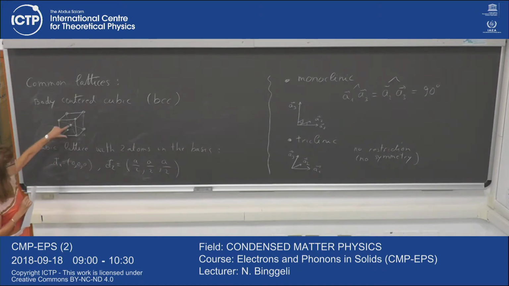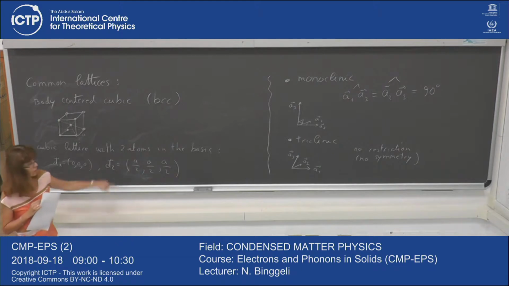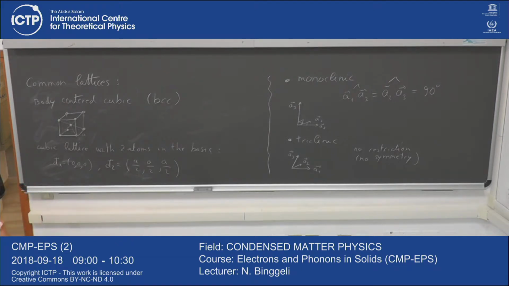So one atom here and one atom here with these two vectors. So at the moment it's defined as a crystal structure. To show that it's a Bravais lattice, one needs to find three vectors that would directly give the full lattice without the need of two atoms in the basis, just one.